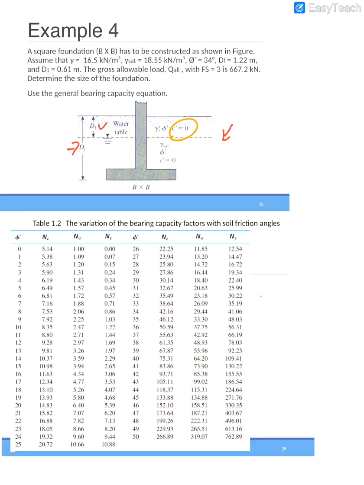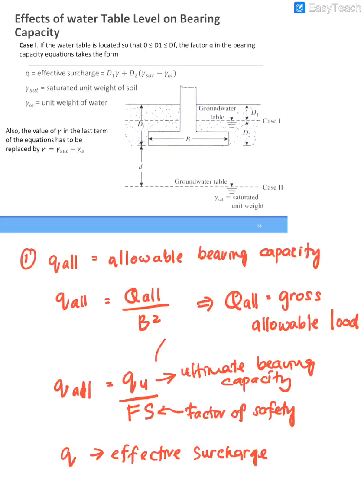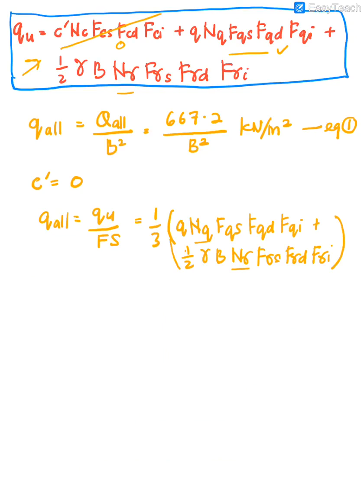The friction angle phi prime given in the question is 34, so refer to this table for friction angle 34. That gives the values of the bearing capacity factors Nc, Nq and N gamma.